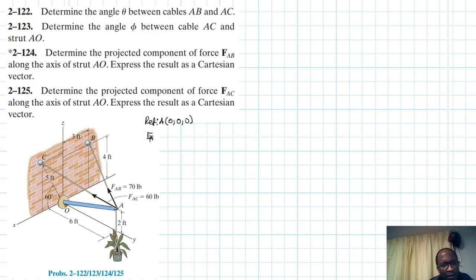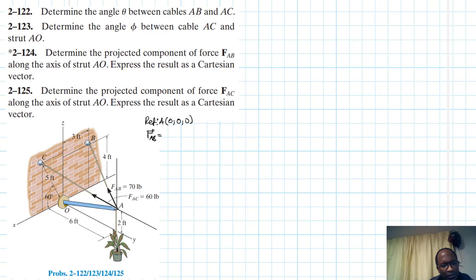So RAB, which is also equal to RB. Let me just draw my coordinate there. So I'll have something like this. This is my new coordinate.